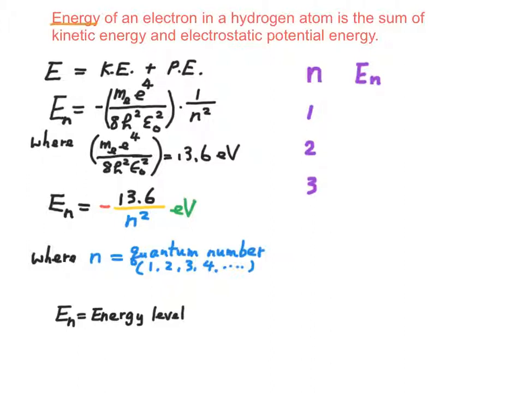The energy of an electron in a hydrogen atom is the sum of its kinetic energy and potential energy.